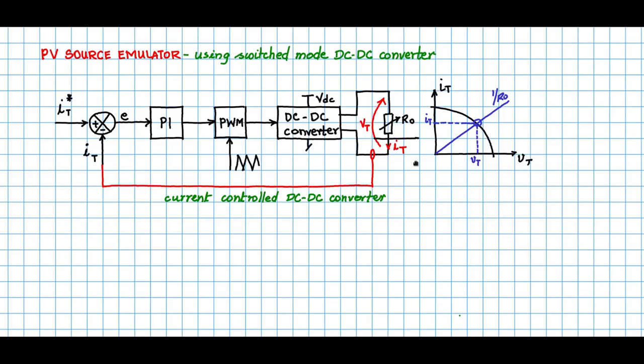Now let us sense VT and use that VT to provide the IT reference. So what we do is have a lookup table of VT versus IT. And this lookup table is the one which we will be using to generate the reference for IT.